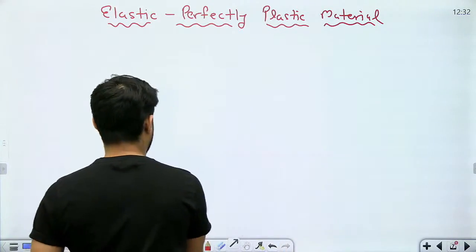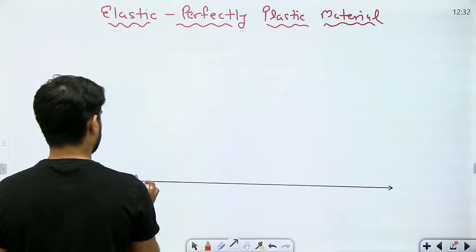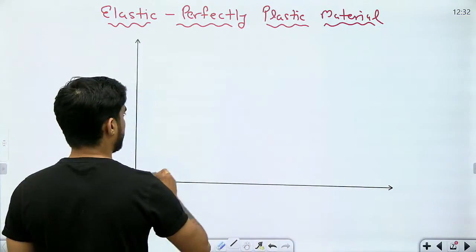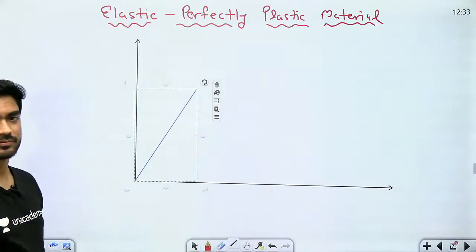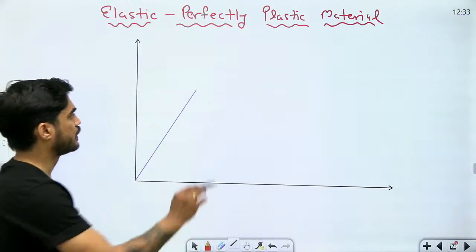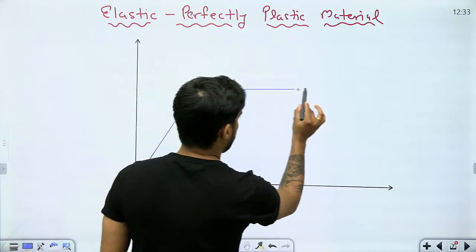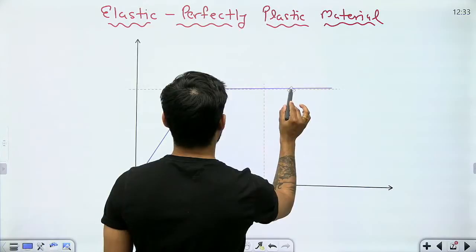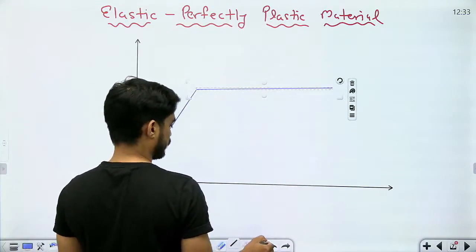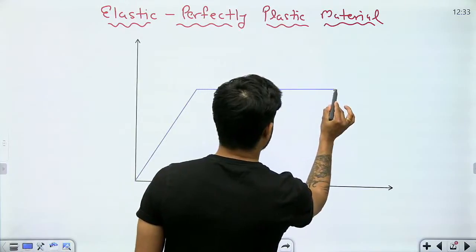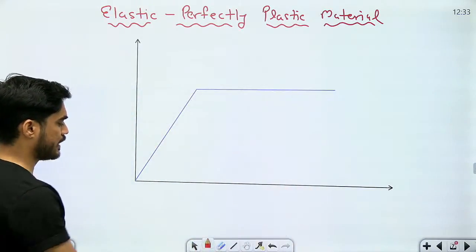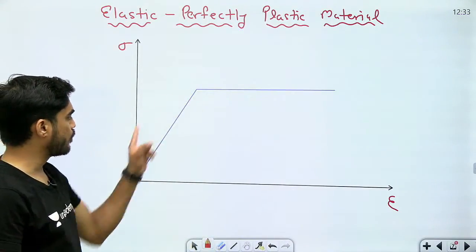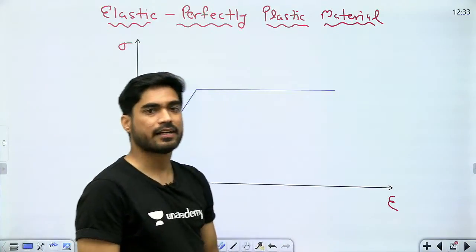In case of elastic perfectly plastic material, up to yield point the material will remain elastic, but after yield point the material will behave as perfectly plastic. So this is elastic perfectly plastic material. Up to yield point elastic, after that perfectly plastic.